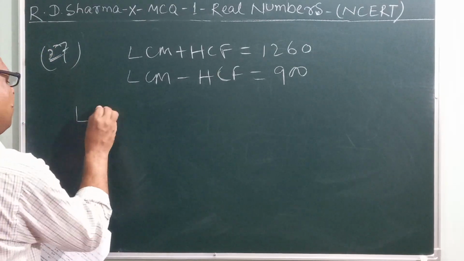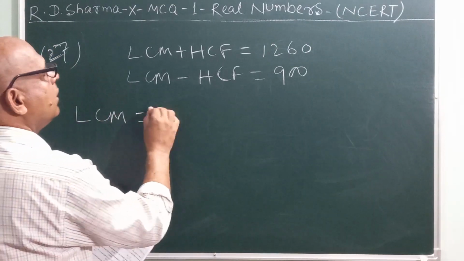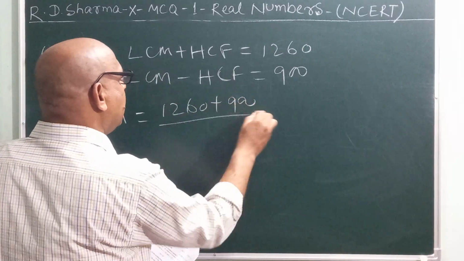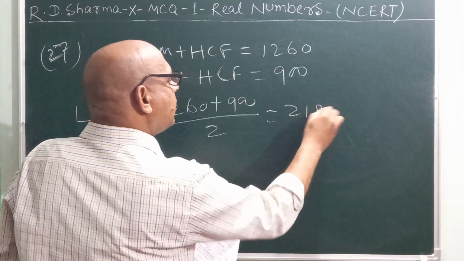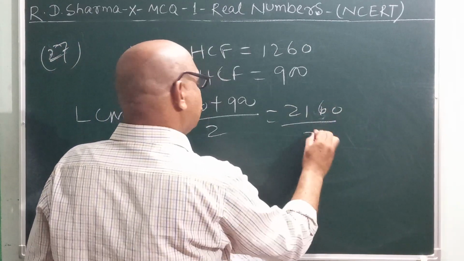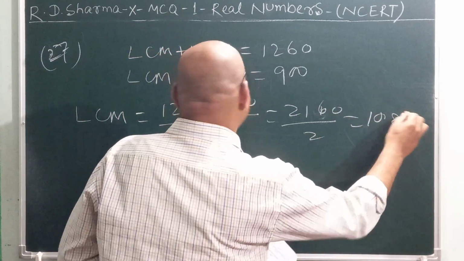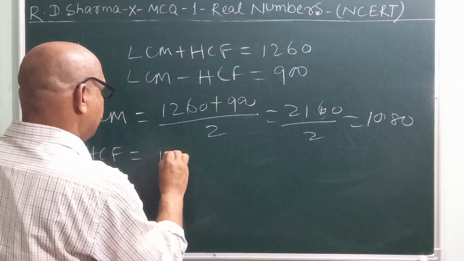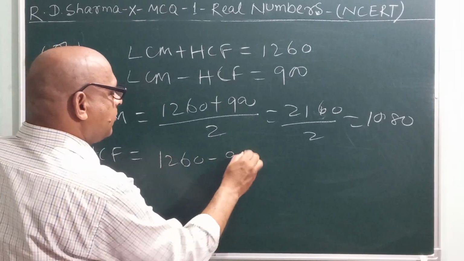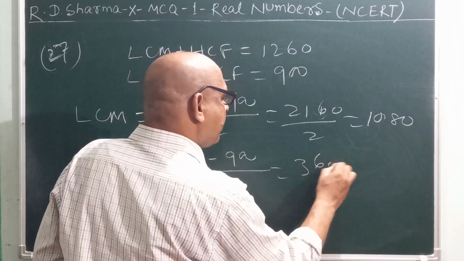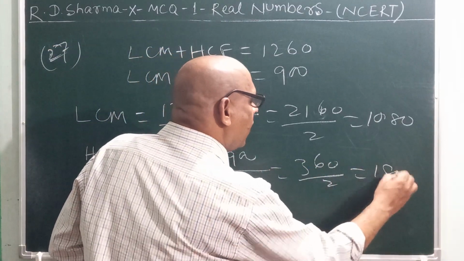Then LCM equals 1260 plus 900 divided by 2, which is 1080. HCF is 180.